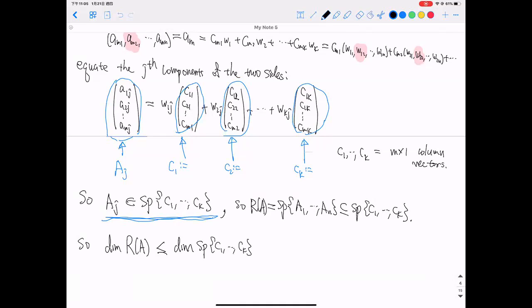Now, evidently, C1 through CK is a spanning set of the span.